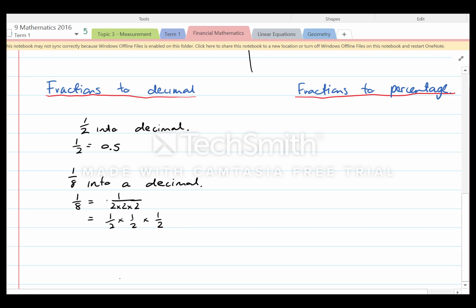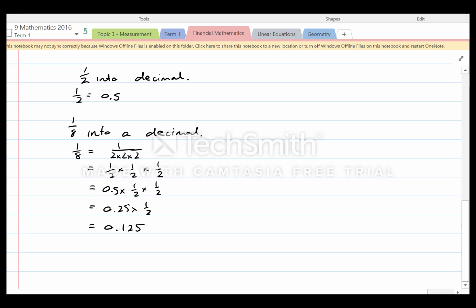So we've just broken up this fraction. So now we've got 0.5 times a half times a half, 0.25 times a half, and we've got 0.125. So 1/8 as a decimal is 0.125.